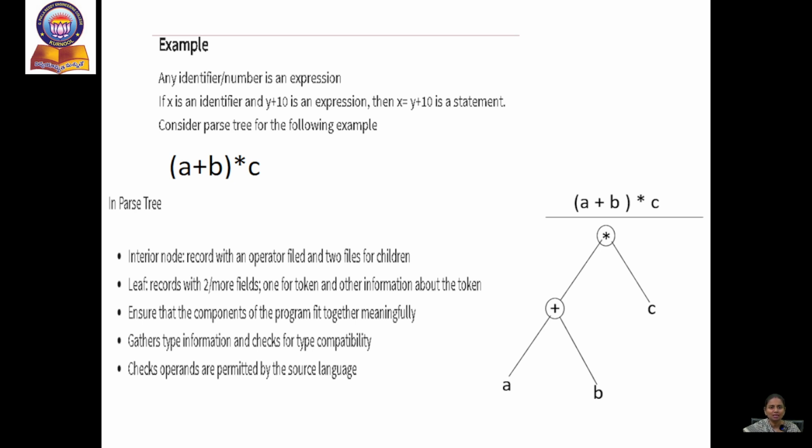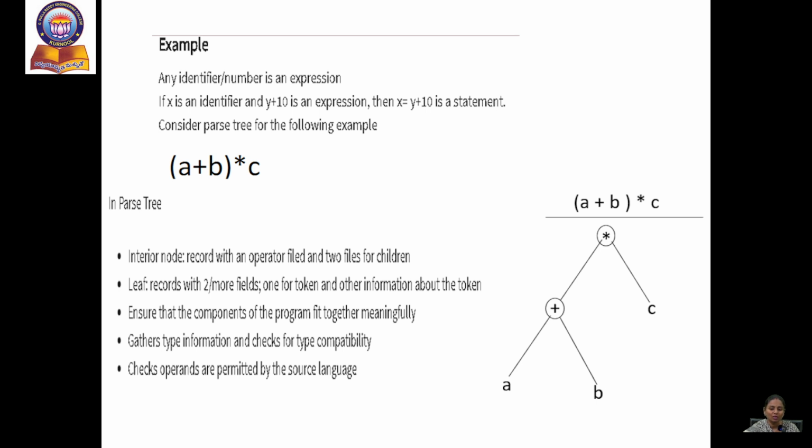So here is an example, A plus B into C. Any identifiers or numbers is an expression. So now here, if x is an identifier and y plus 10 is an expression, then x equal to y plus 10 is a statement. So I am just distinguishing what is an identifier, what is an expression, and what is a statement.